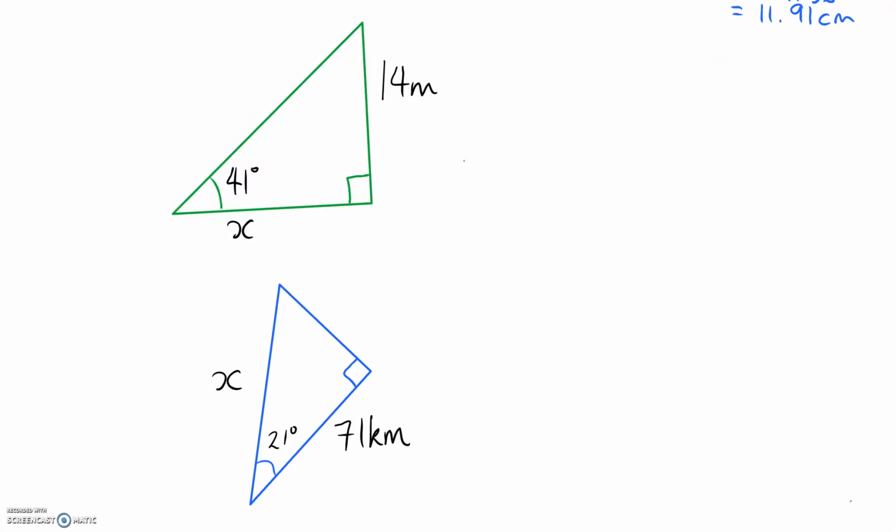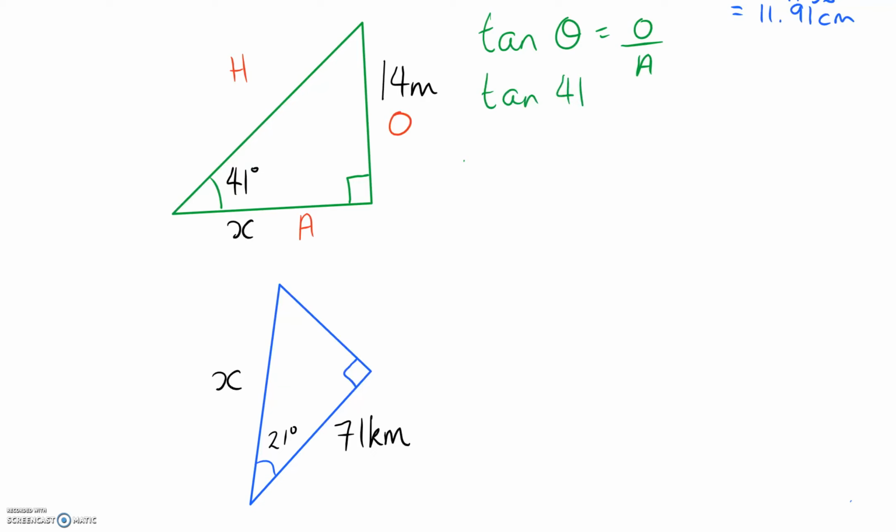First step, we're going to look at labeling: opposite the angle, hypotenuse, and adjacent. Then our next step is to decide which two we've got information about, A and O, which is in TOA, which is tan. Tan theta is opposite over adjacent using the formula.